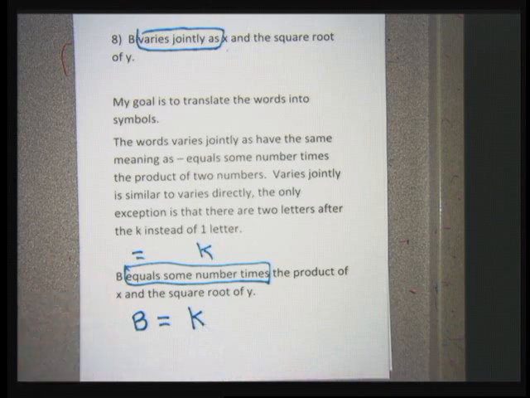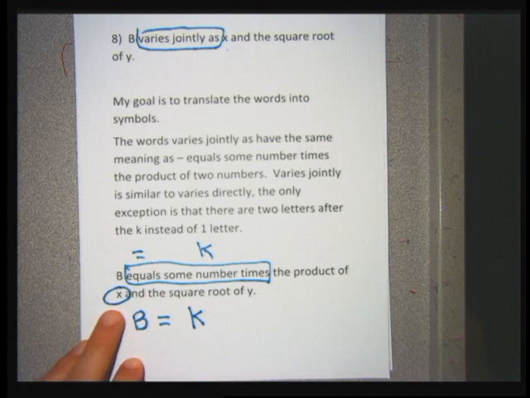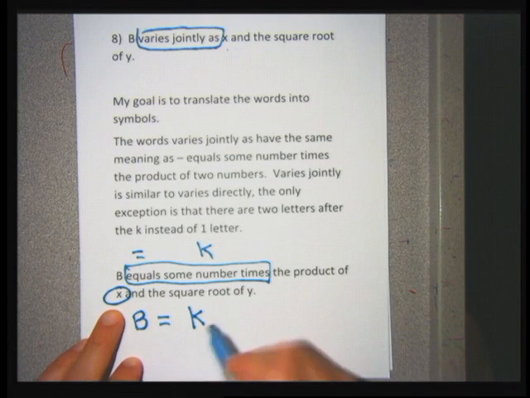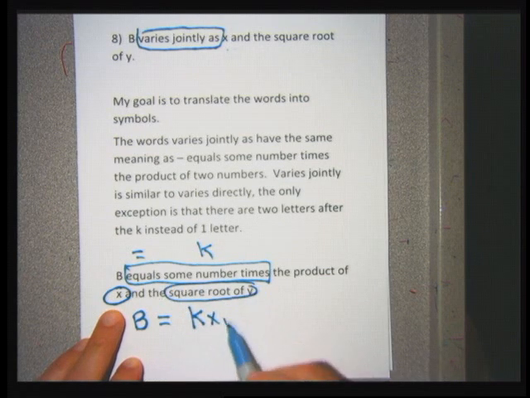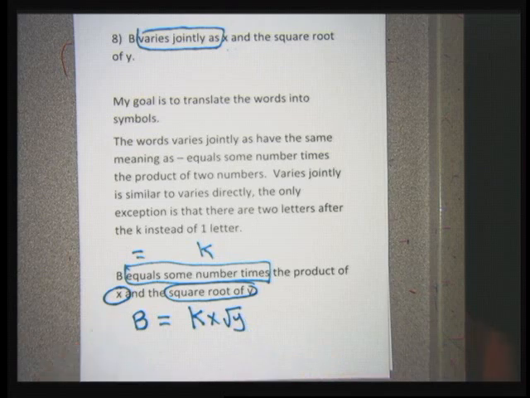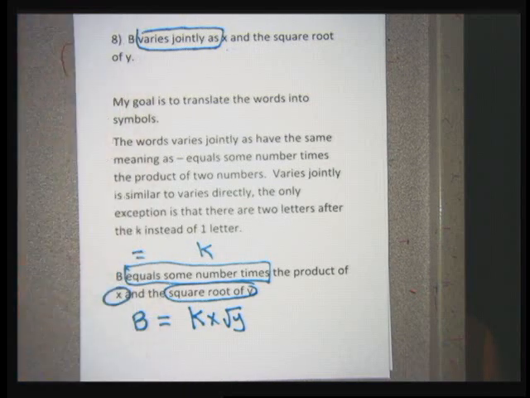Because it's jointly, I need two letters after the k. The first letter is just going to be x without any radicals or exponents, because there isn't any word attached to the x that implies I need an exponent or a radical. And to the left of the y, I see the words square root, so the y needs to be under the square root symbol. So the correct translation for number 8 would be b equals k times x times the square root of y. That would be rewriting the statement into symbols, and that was my goal.